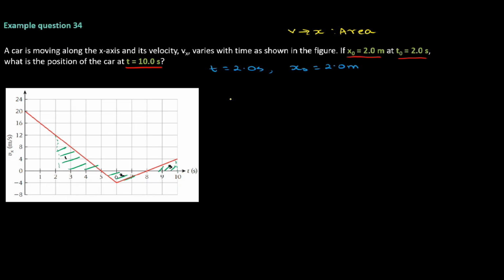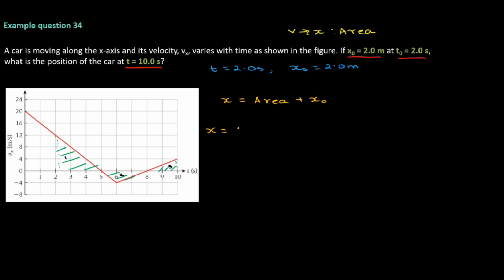So when I find the area under the graph to find position, I have to take all of these 3 regions. So my position x will be area under the graph plus the initial position. I'm adding this initial position because we are starting at time t equals 2 seconds. And at time t equals 2 seconds, my position value was 2 meters. So we need to add that value to our area. So we get x equals, there are 3 triangles here.